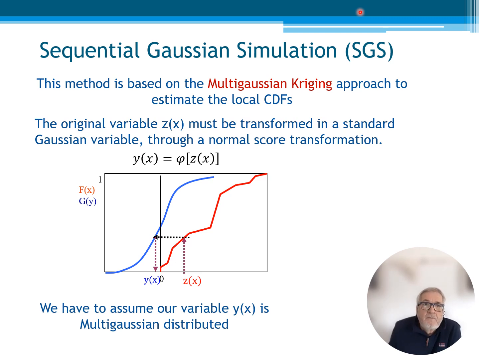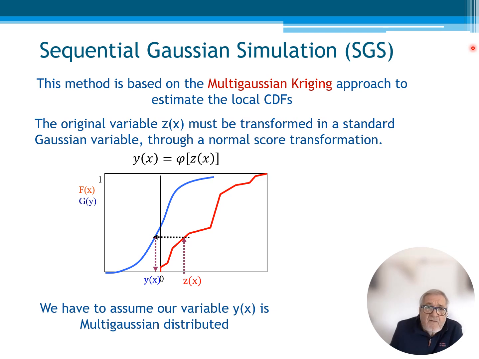So the original variable z of x, which is not Gaussian, must at the very beginning be transformed into the standard Gaussian variable through a normal score transformation. It's a simple one, which means that for any original value z of x, we look for the equivalent Gaussian value y of x with the same cumulative probability.